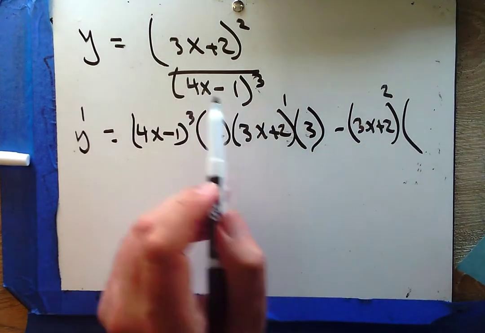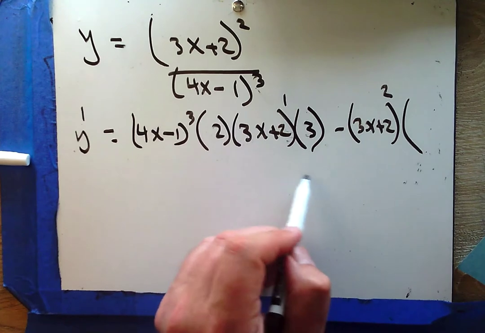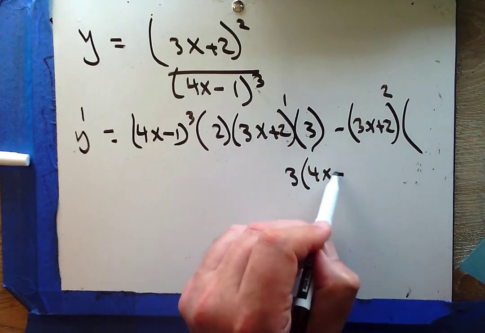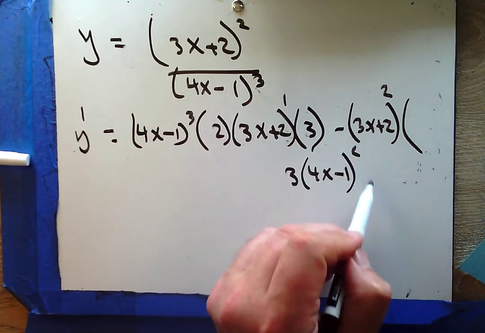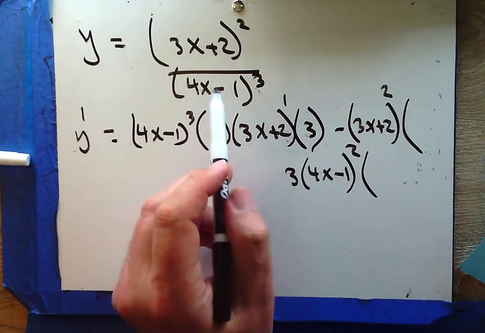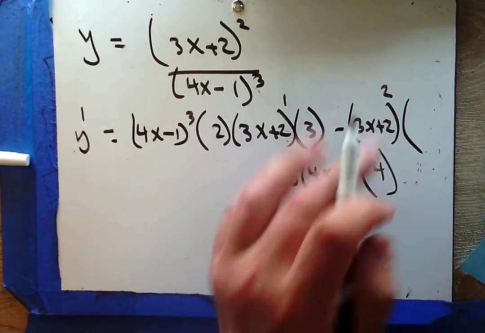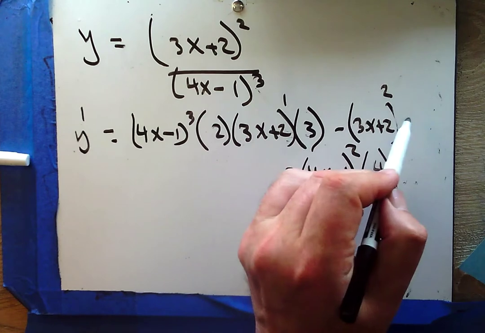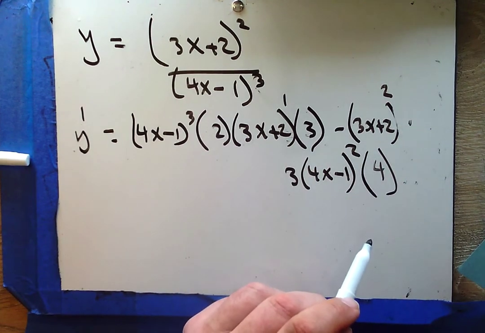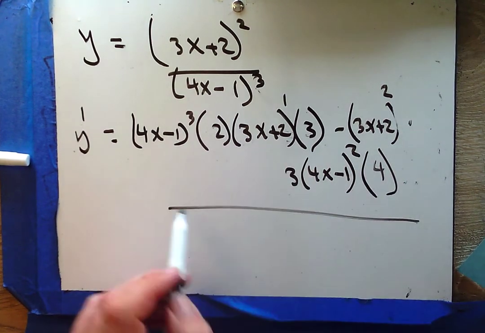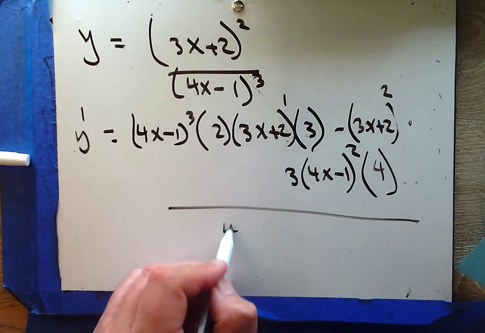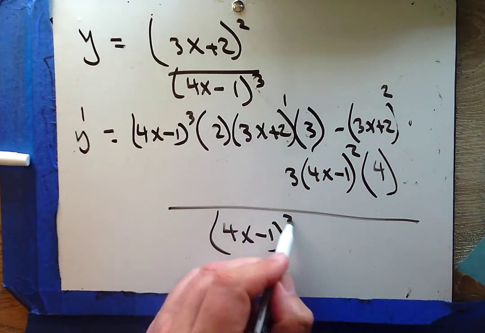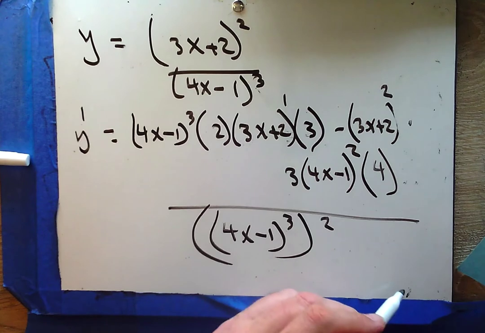The derivative of this is going to be 3, leave the inside alone, subtract 1, times the derivative of that inside. All over low squared: (4x minus 1) to the 3rd, squared.